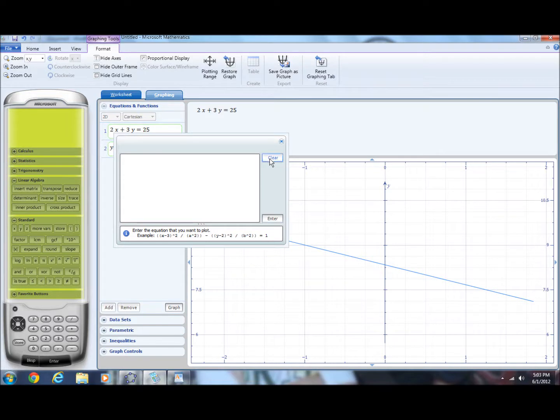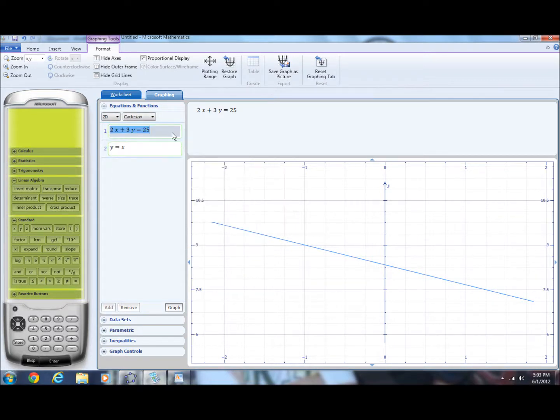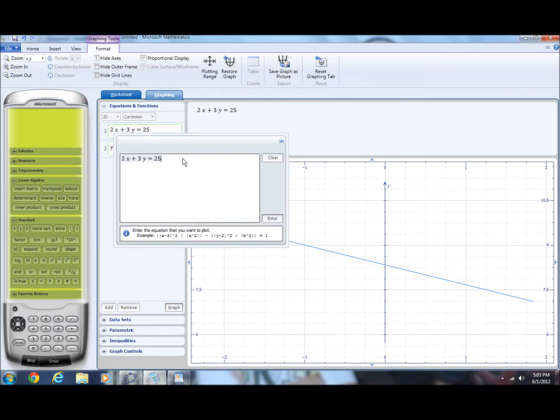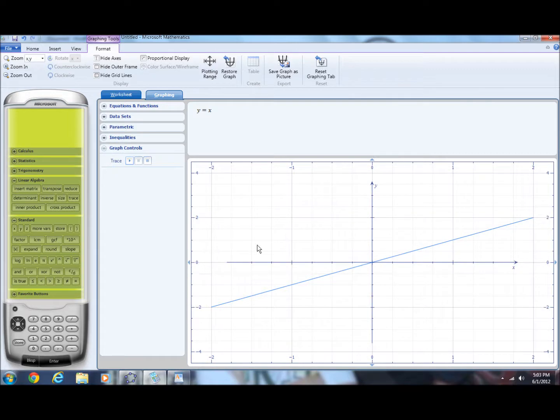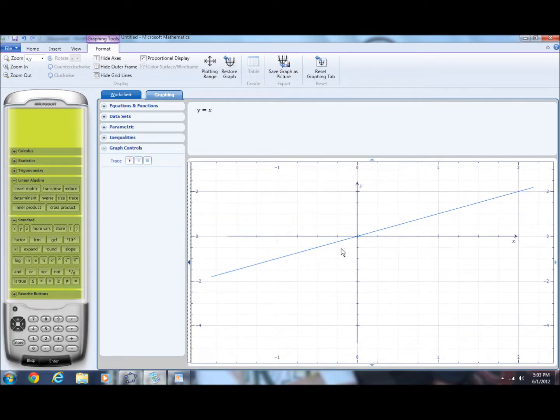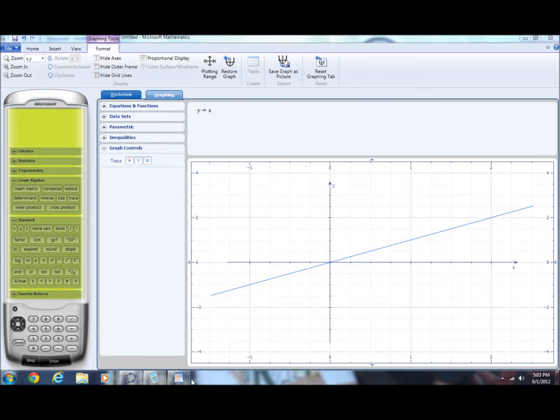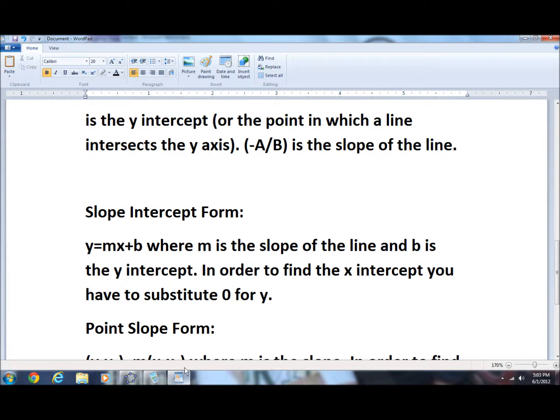Let's just clear that. And now let's graph that. So y equals x. Now you might be thinking, where are the other values? Where's m and where's b? The answer is that m and b are invisible.